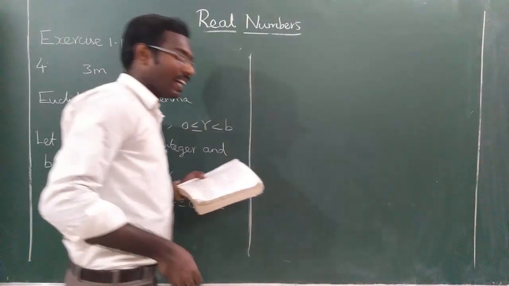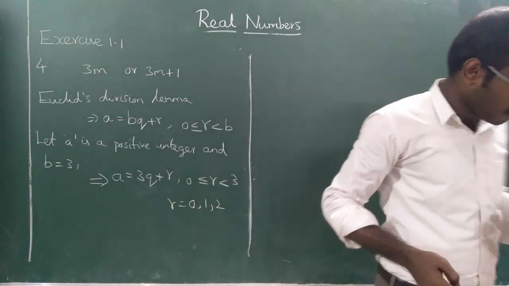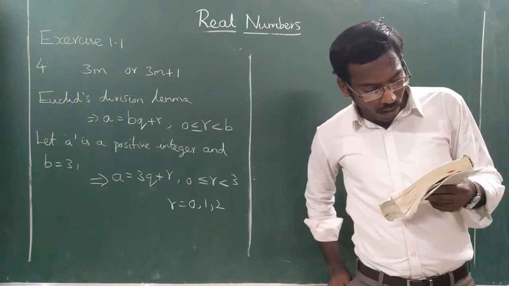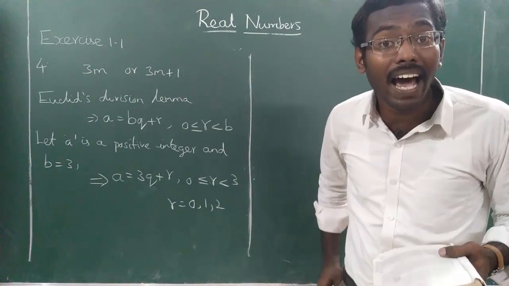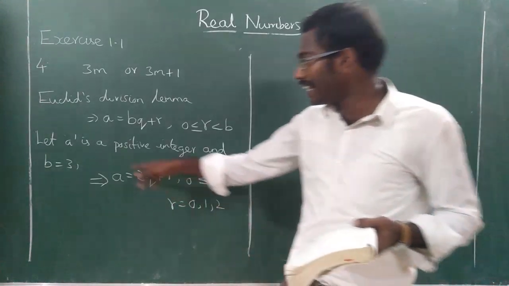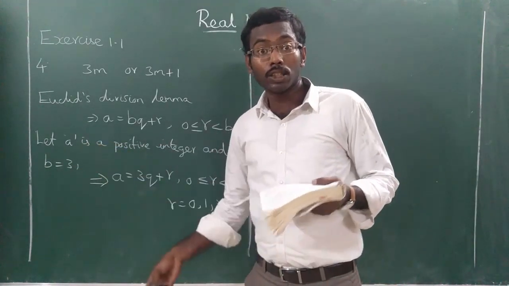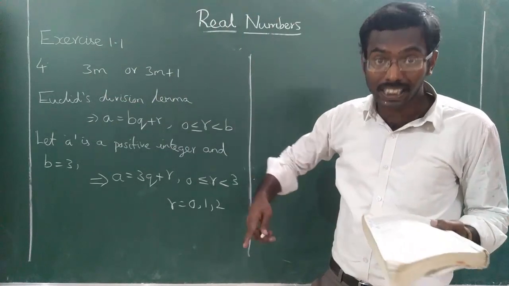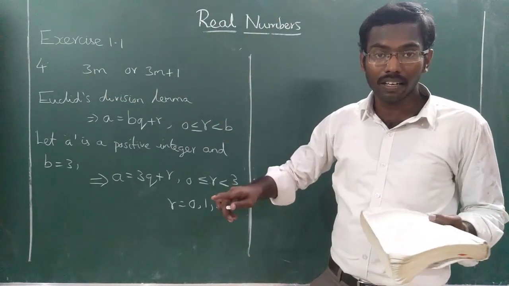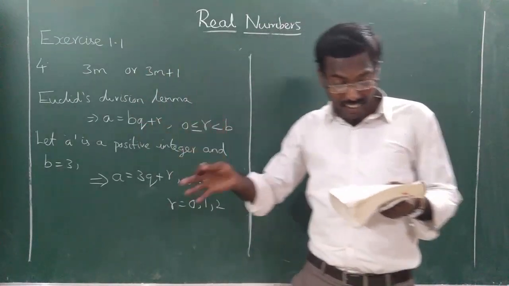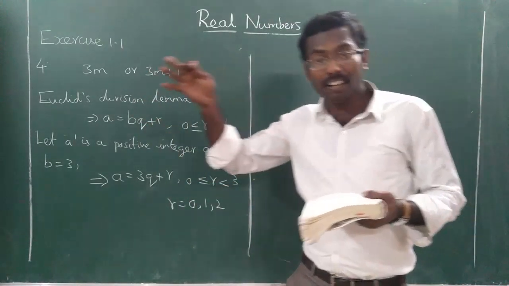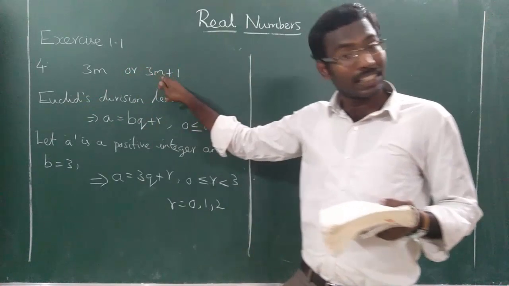So we will apply like that, and then what we have to do is, it is given: use Euclid's division lemma to show that the square of any positive integer. We have taken A as the positive integer, so we have to find the square, A square. We have to get the value in such a form that it is either of the form 3m or 3m plus 1.